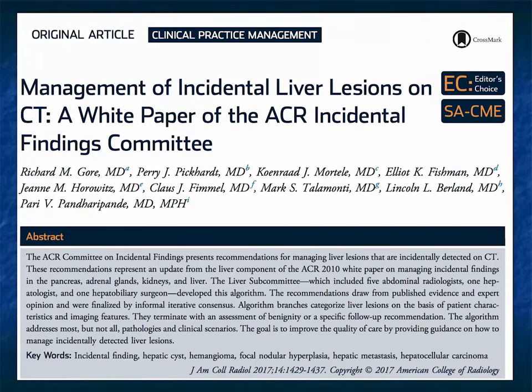Now, I mentioned before, incidental lesions in the liver are one of the challenges to us. Particularly when they're small, they're usually hamartomas or hemangiomas or cysts, and they can be challenging because how do you manage them? Do you simply follow them or do you simply ignore them?